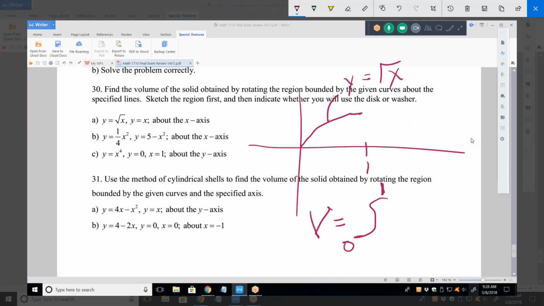So I'm going to rotate this whole thing. So there's not going to be a hole when I get done. And I can use disks. You only need to use washers if there's a hole. I suppose one could say you could use washers 100% of the time, and when there's no hole, you make your little r 0. Okay. Now, what is going to be the volume of each disk?